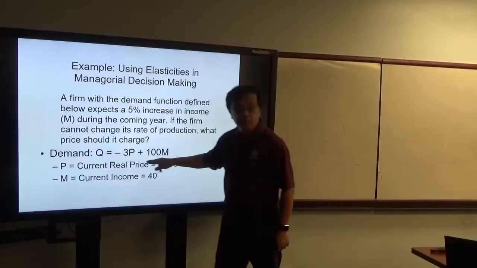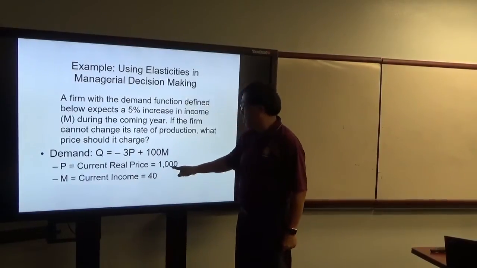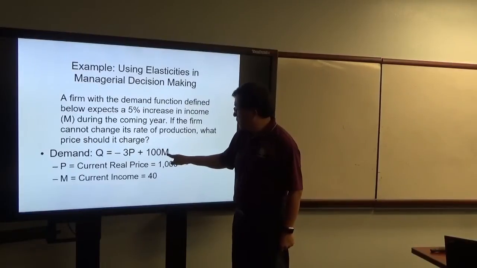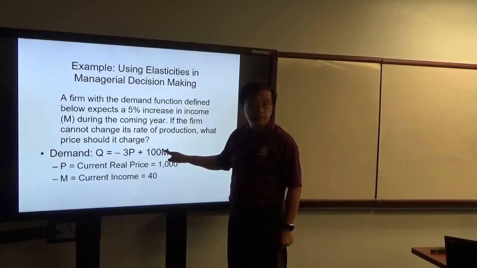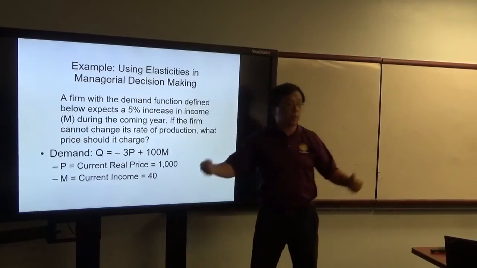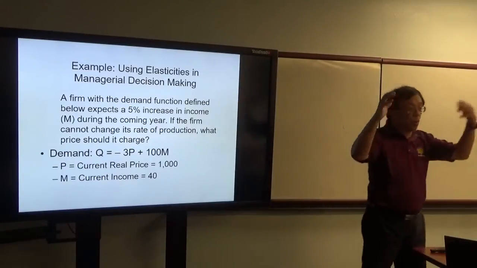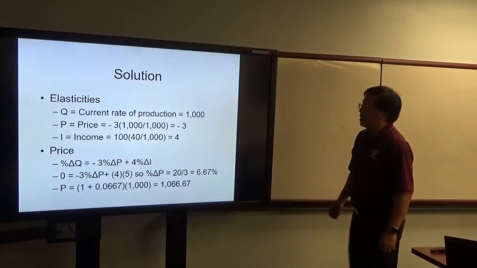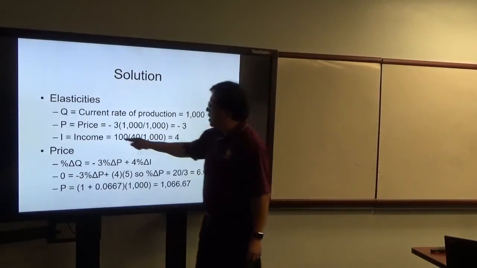This is a demand function, right? Price is equal to what? 1,000. So that's negative 3,000. And M is 40, so 4,000. Yeah, 4,000 minus 3,000, that's 1,000. So current quantity is 1,000. Is that clear?